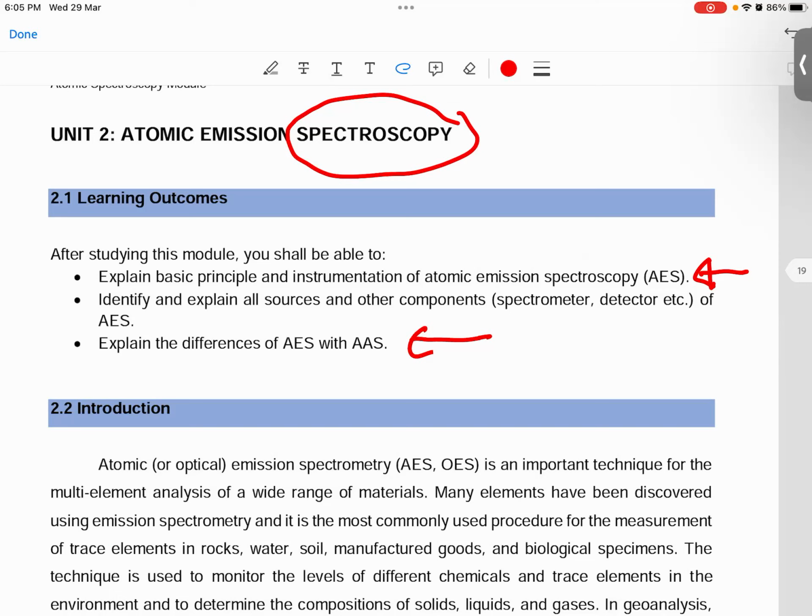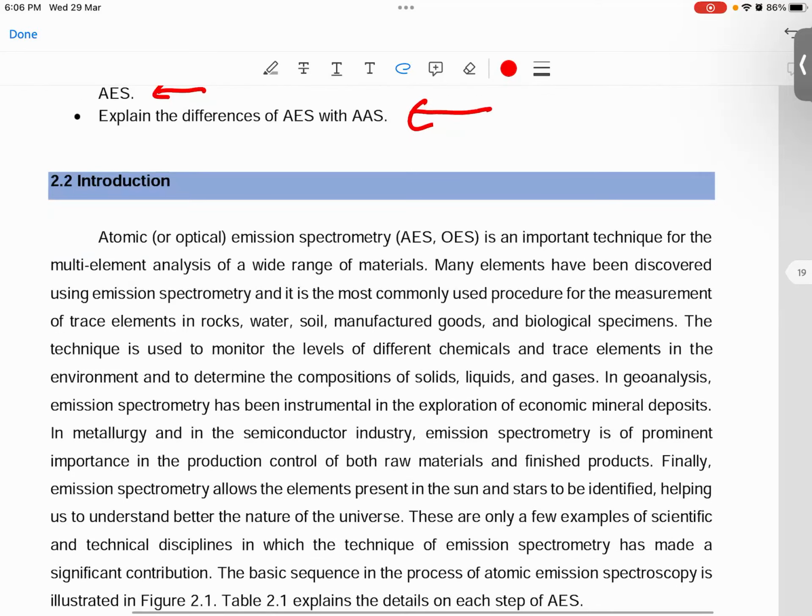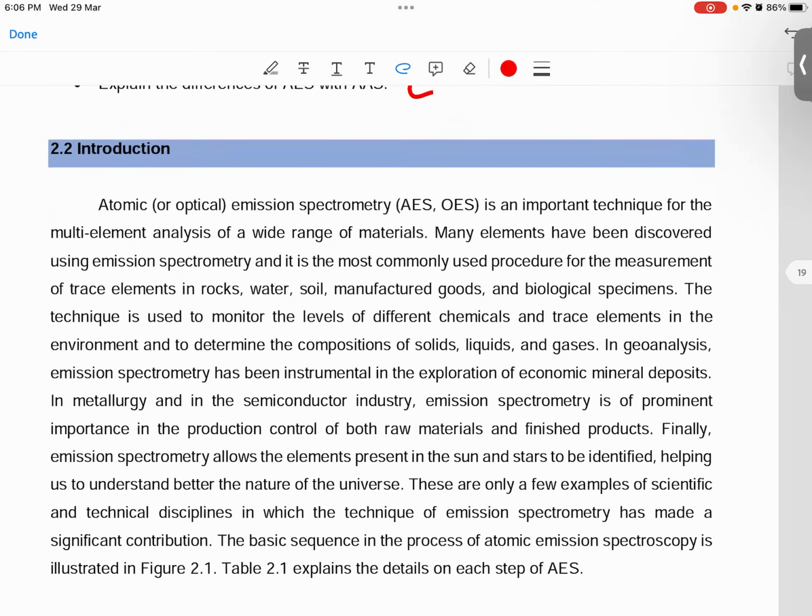Those are the basis of how it is detected. But we can discuss the changes. There are differences in the light source in the instrumentation of AES. As I mentioned before, AES is much more robust, meaning that it can do multi-element analysis.